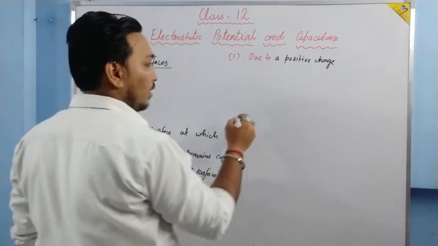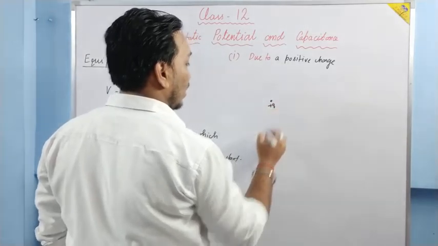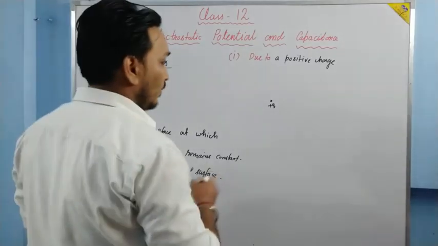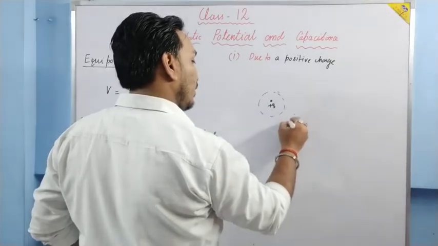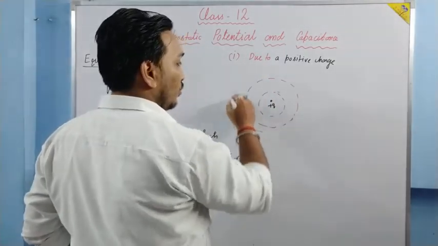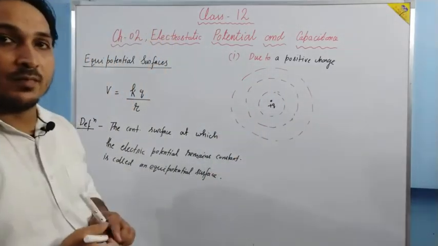Okay. So how will the equipotential surfaces look? Suppose this is a plus Q charge. So now the equipotential surface, obviously, as I have told you just now, is going to be in the shape of spheres, okay.